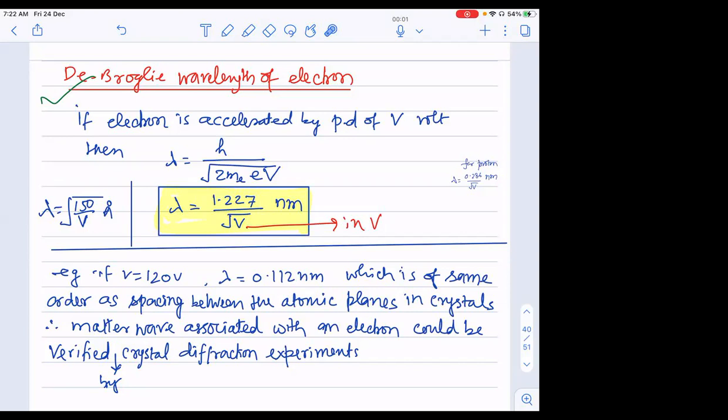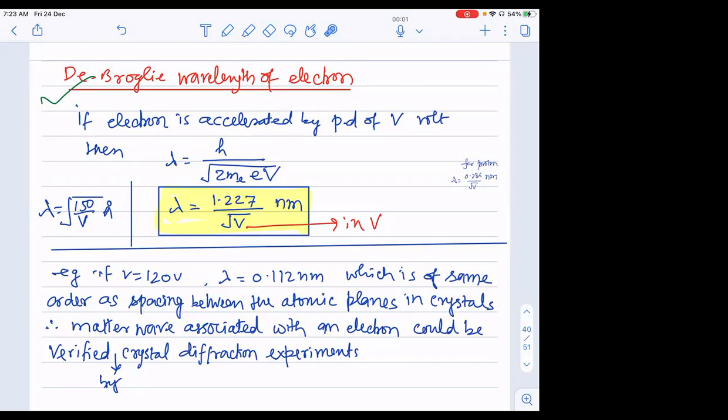क्योंकि इसकी जो wavelength है, same is the order of their atomic spacing, atomic planes की spacing. तो diffraction pattern हो सकता है, because diffraction pattern में gap जो है it should be of order of wavelength of radiation.